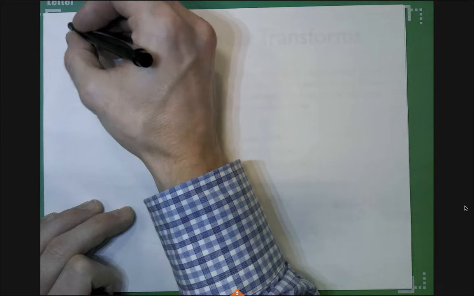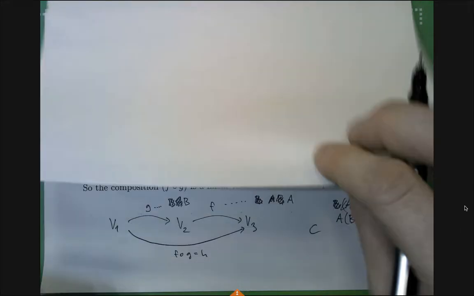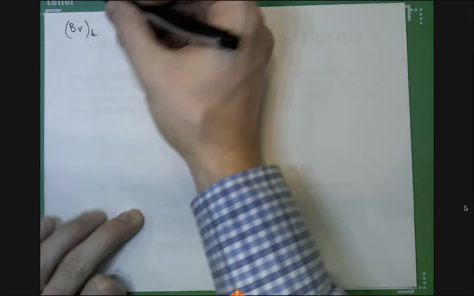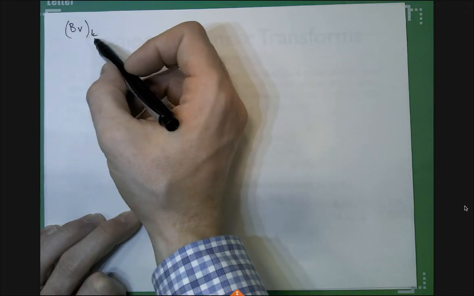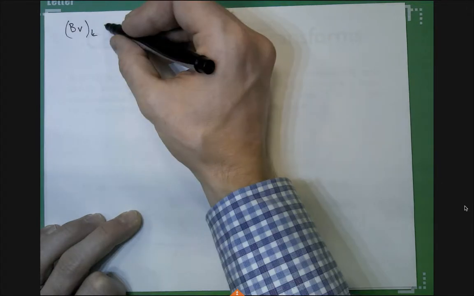Okay, so let's first take a look at the BV thing. That's applying the transformation G. That's the one that goes first, right? So let me denote the kth coordinate of BV like this. BV is a vector, and I want to find out the kth coordinate of that vector.